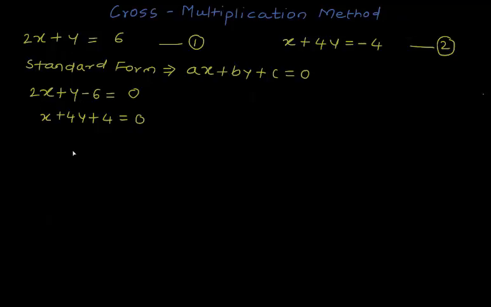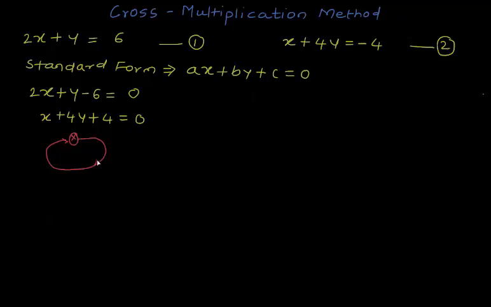In the next step, we have to draw a diagram showing the coefficients of the equations. So how to draw the diagram? We have to begin with the coefficient of y, and then write down the coefficients in the clockwise direction, and again end at y.